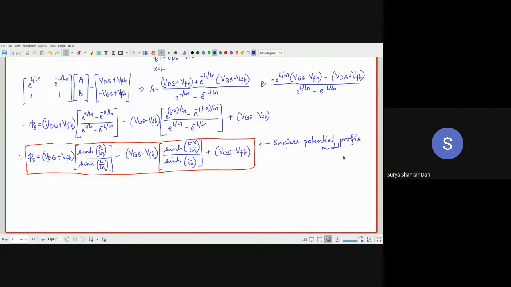Once we have obtained that, what is the surface field Fs? It is simply defined as minus d phi s dx. Here, if you notice, there is one x here, the other x is there. So the sine hyperbolic becomes cos hyperbolic, and this ln comes in the front. You will be left with VDG plus VFB by ln, cos hyperbolic x by ln.